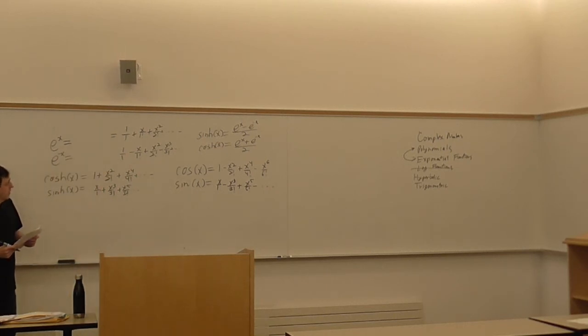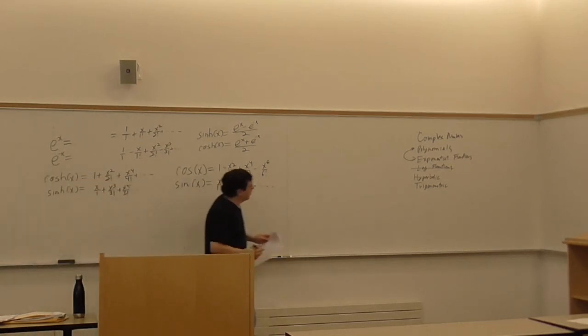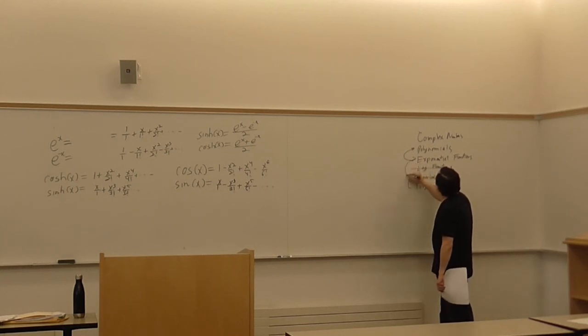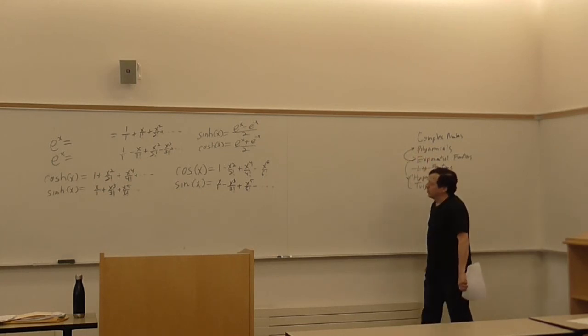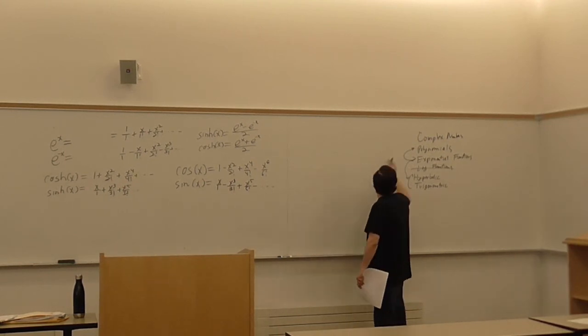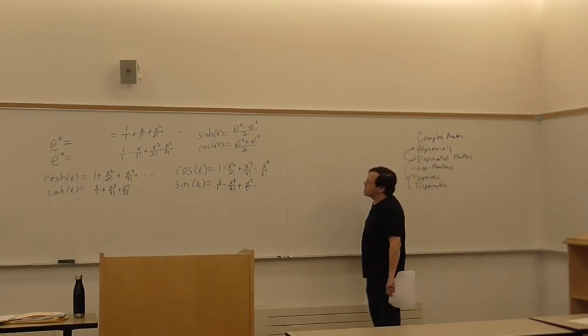All right. It's kind of cool. There's kind of a connection between the trig functions, the hyperbolic functions, these exponential functions, polynomial functions. The only thing I left out was, what does this have to do with complex numbers?